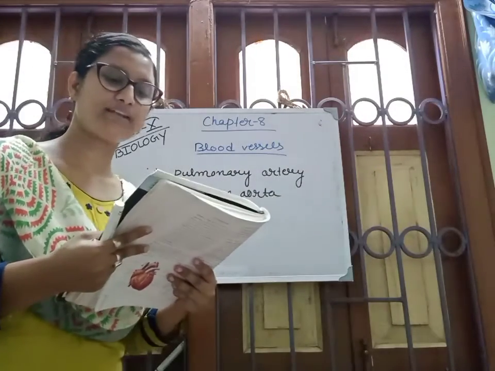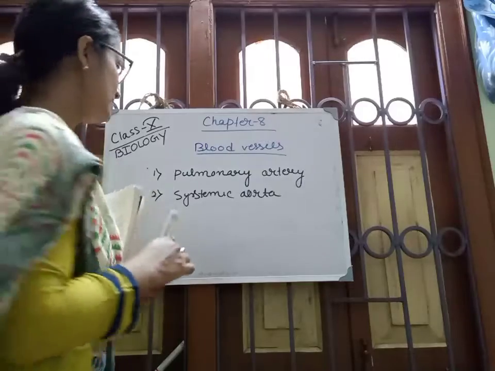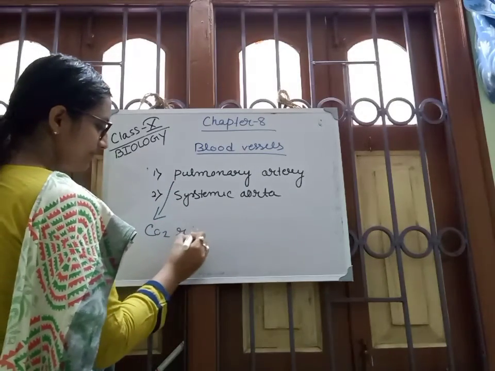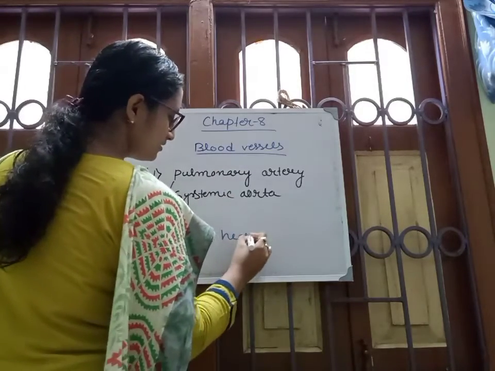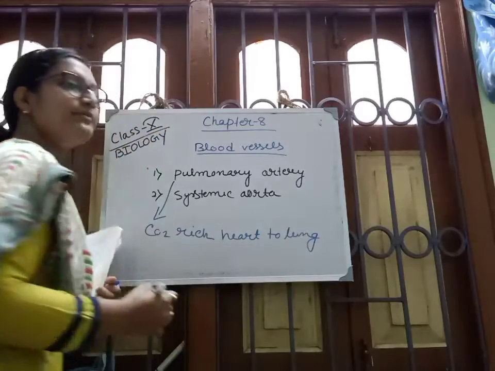It arises from the right ventricle and carries deoxygenated blood, carbon dioxide rich blood, from the heart to the lungs for purification.